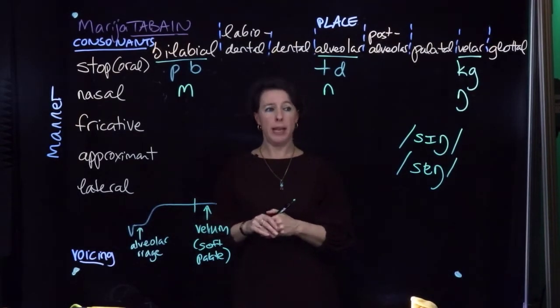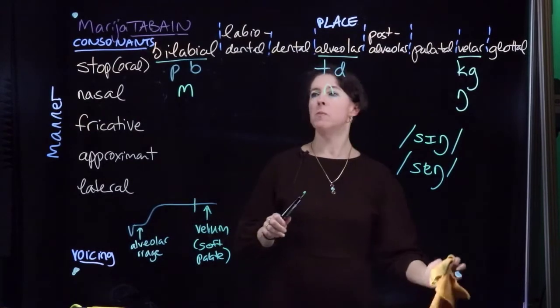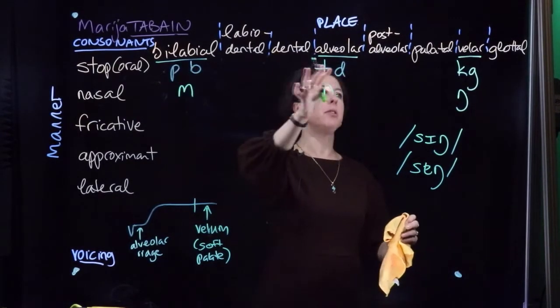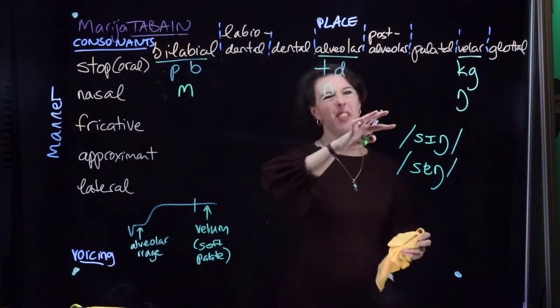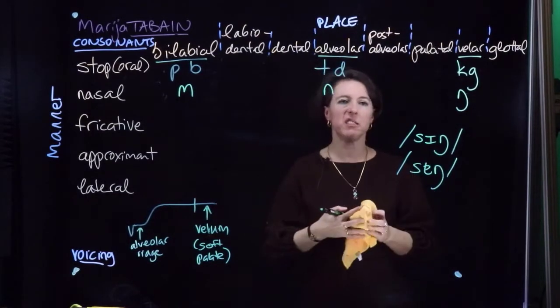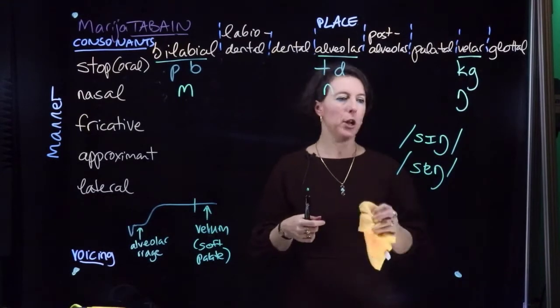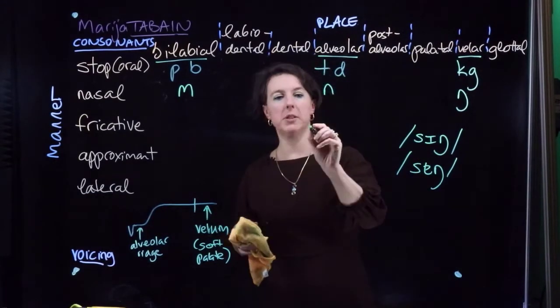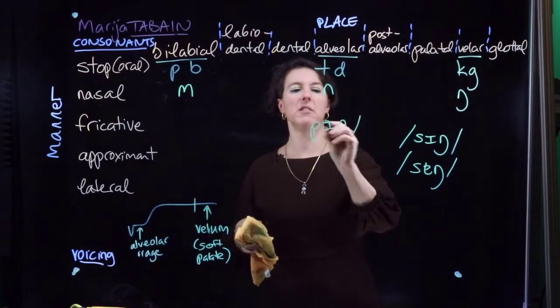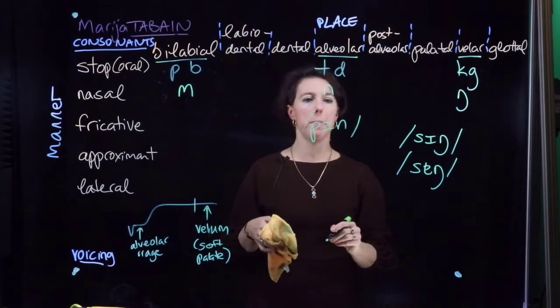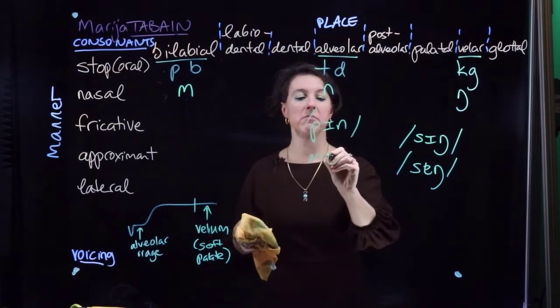All right, so next, I'll just rub out these. So basically these p, b, t, d, k, g, m, n, they're similar to the sounds that you see written in English. So there's nothing really unusual. p occurs in a word like pin, for instance, or m in a word like mum.